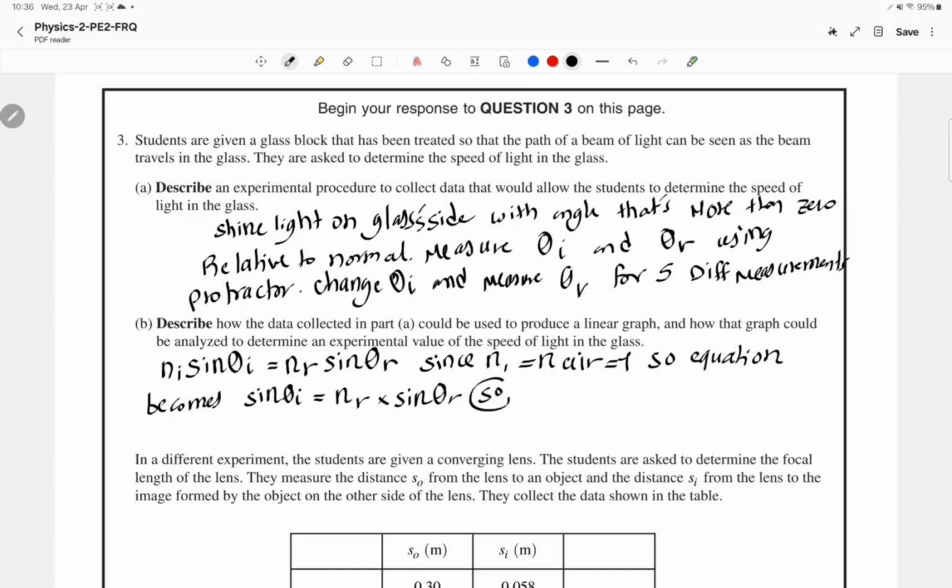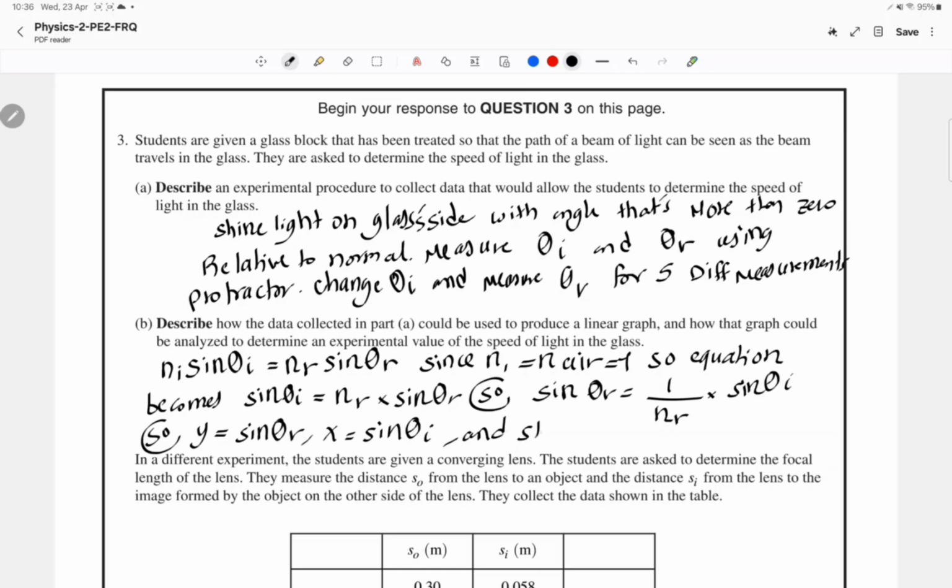We're able to change the incidence angle, so it's going to be the x. So we put it on the other side: sine theta r is equal to 1 over n_r times sine theta I. So y is sine theta r, x is sine theta I, and the slope is 1 over n_r, the reciprocal.